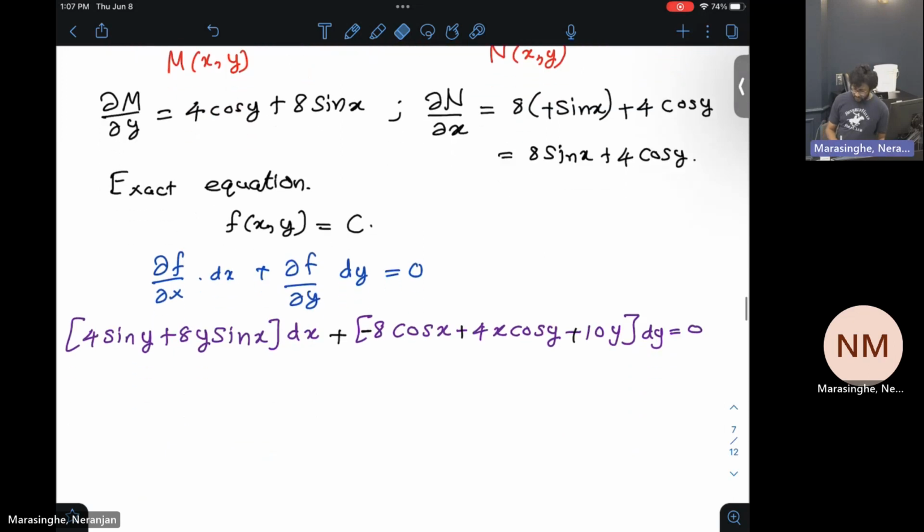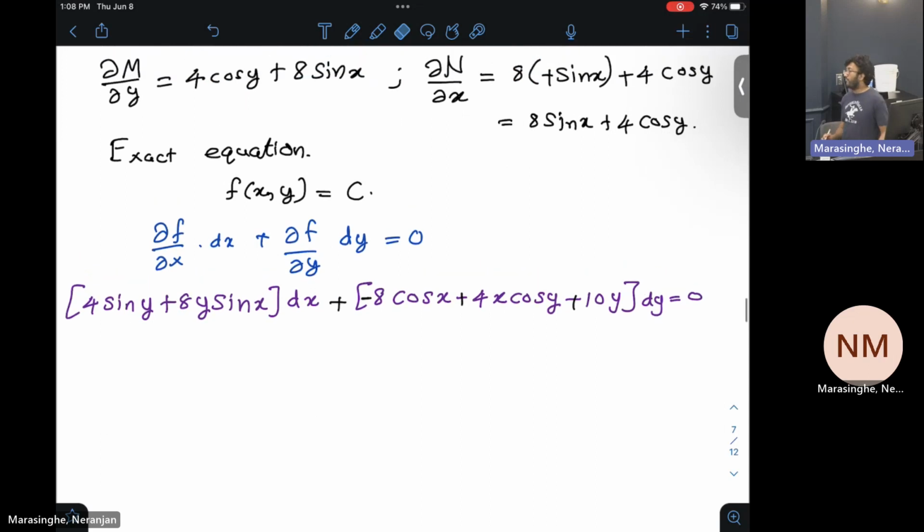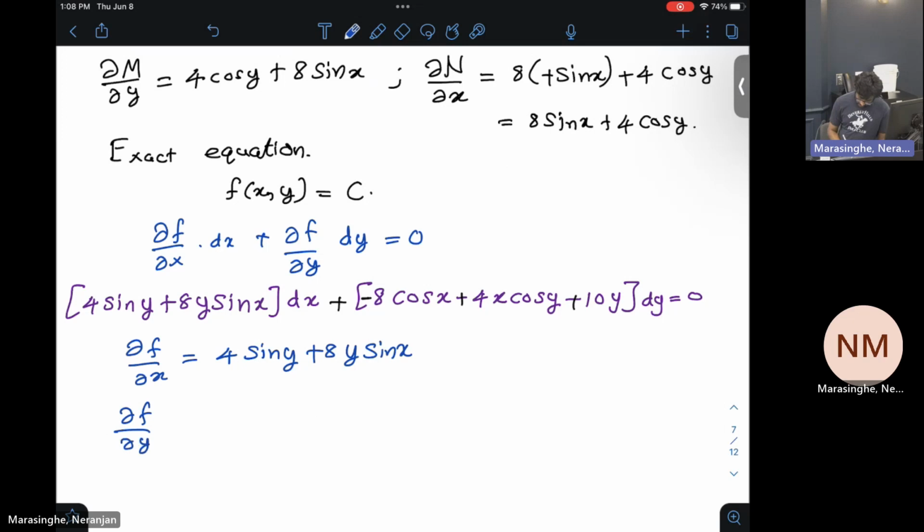Okay. Then compare these two and find out what is the partial derivative of f with respect to x and the partial derivative of f with respect to y. I would get ∂f/∂x is equal to 4 times sine y plus 8y sine x, and ∂f/∂y is equal to negative 8 cosine x plus 4x cosine y plus 10y.